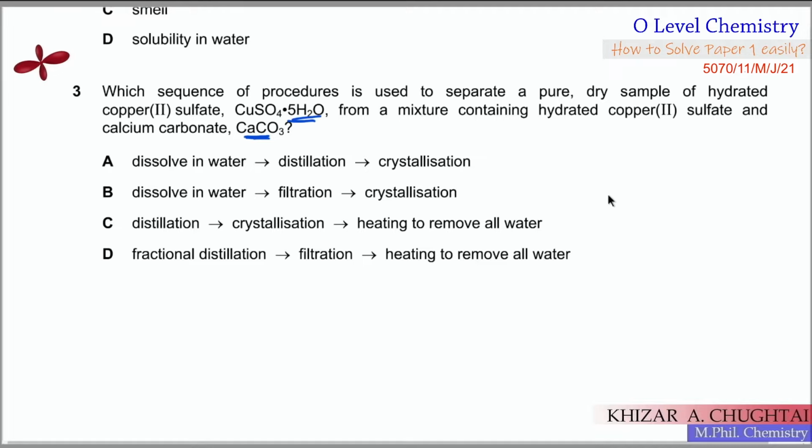The first one, heating to remove all the water, is not the correct option, because he wants to make CuSO4.5H2O. He wants to keep the water of crystallization with the copper sulfate. So first of all, the basic mechanism is to dissolve it in water. Then we make the filtration to separate out the calcium carbonate, and then we apply crystallization. So B is the correct option in this case.